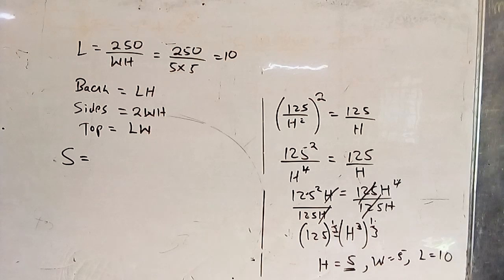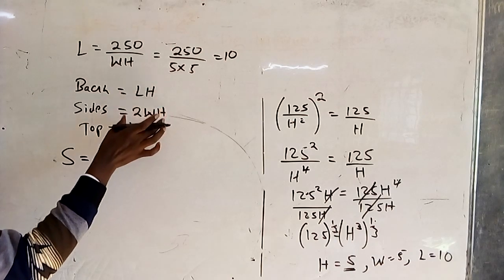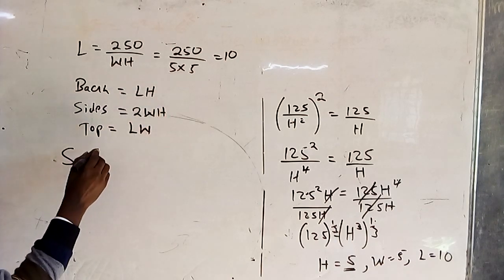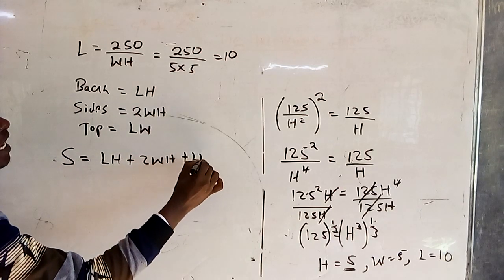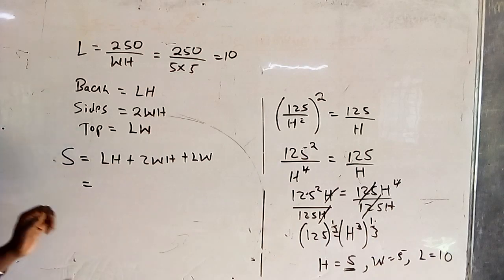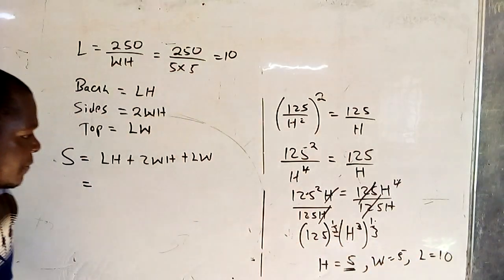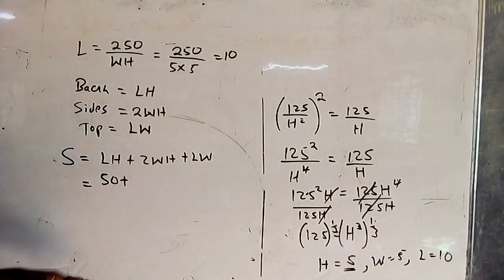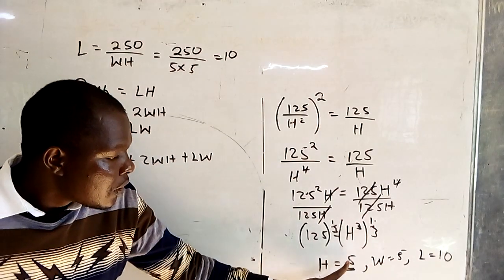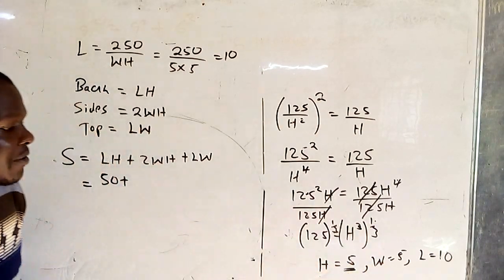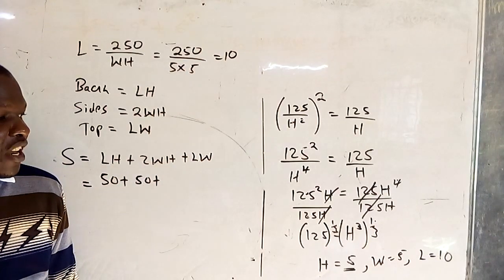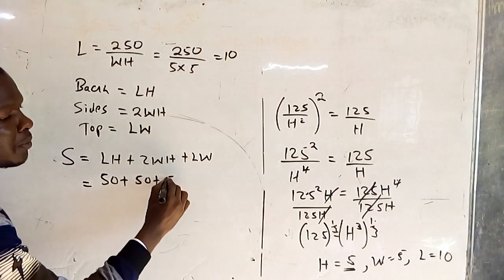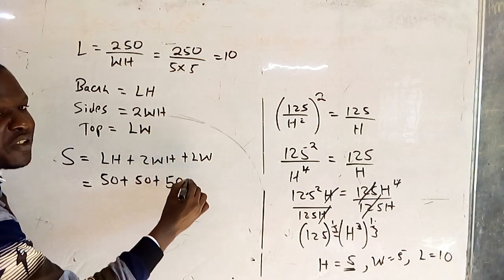Is that okay? So what is the surface area? It is back plus sides plus top. Are we together? LH plus 2WH plus LW. Do the substitution. L times H, 10 times 5, 50 plus 2WH, 2 times 5 times 5, 50 plus L times width, 50.